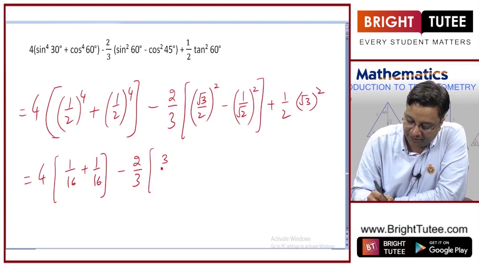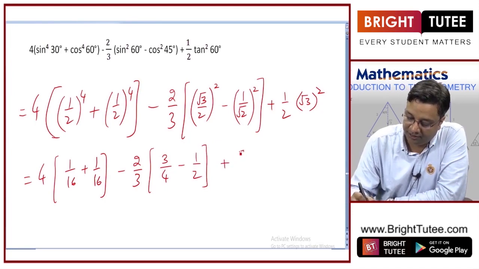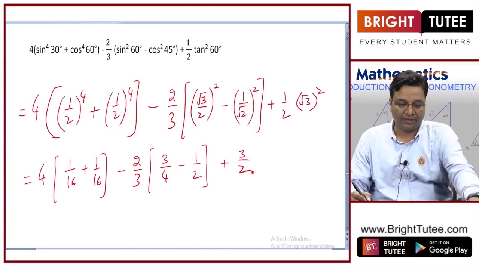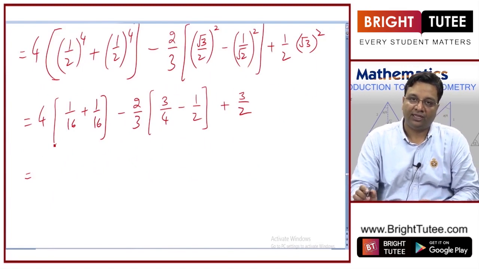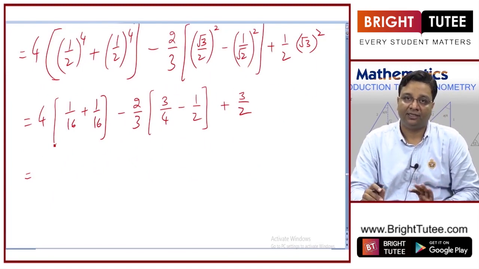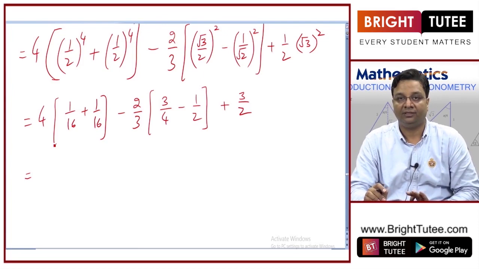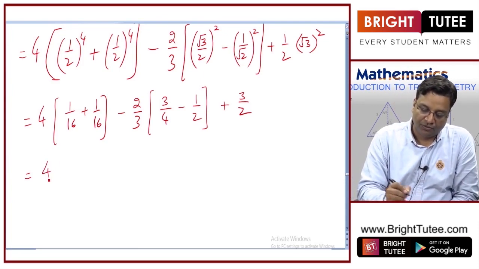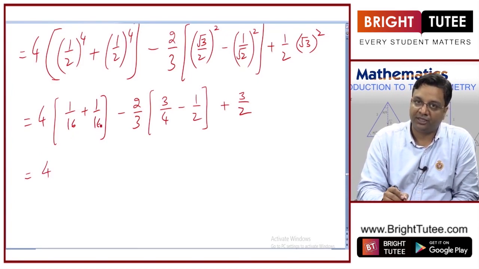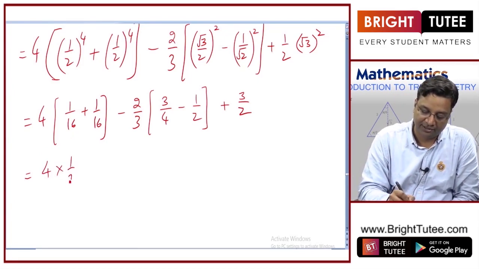This will give you 3 by 4 minus this will give you 1 by 2, right, plus this will give you 3 by 2. Okay. Once you put the values here, it is simply the calculation, right? And you do the calculation part really carefully and don't make any mistake while calculating. So it is equal to 1 by 16 plus 1 by 16, 2 by 16, which is 1 by 8 minus 2 by 3.